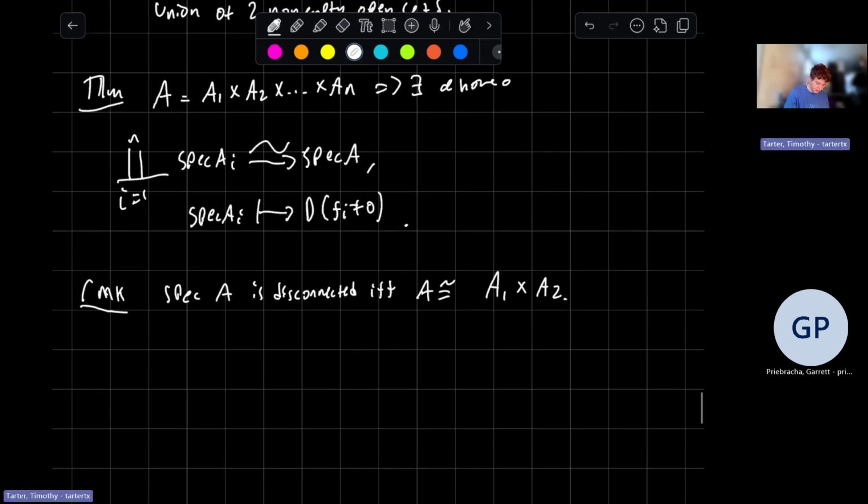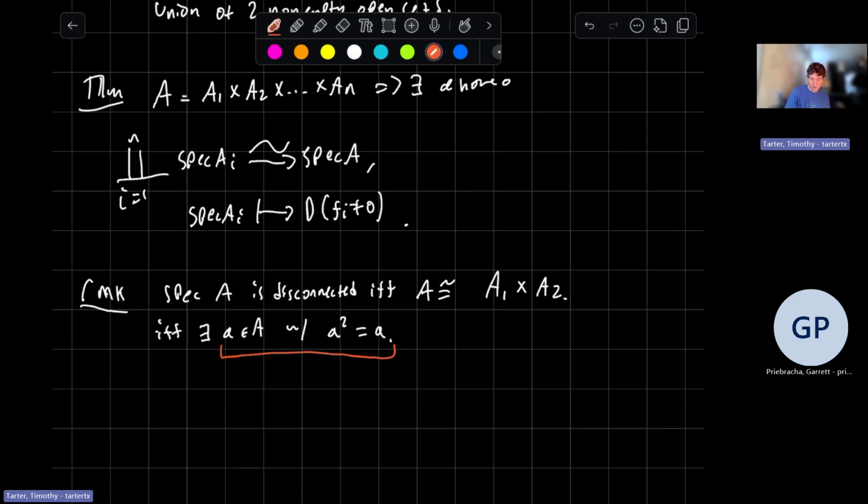The key idea is to show that both conditions are equivalent to there existing non-zero elements which are idempotent. So this is if and only if there exists a in A with a squared equal to a. This condition says a is an idempotent element.